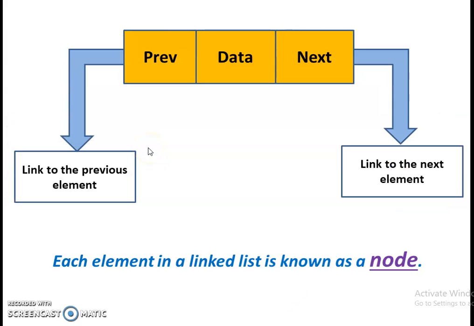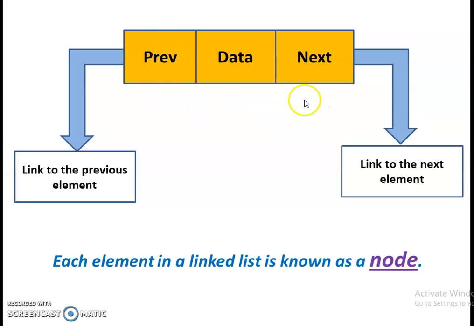Each element in a linked list is known as a node, and each node of a linked list has 3 fields, as you can see over here. The data part holds the actual data, and the rest 2 fields hold the addresses. The previous field holds the address of the previous element, and the next field holds the address of the next element, right?